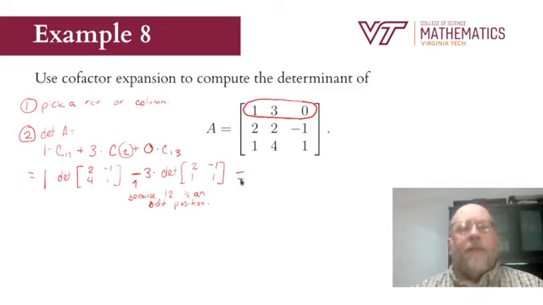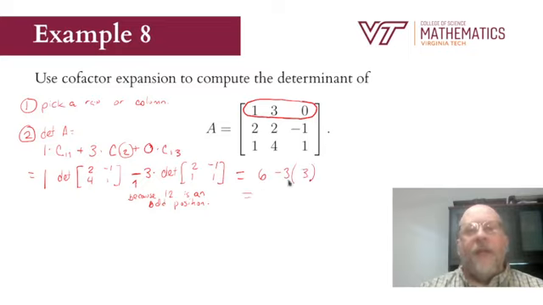All right, what does that add up to? That's going to be 2 minus a -4 is 6, minus 3 times 2 minus a -1 is 3, and 6 minus 9 is -3. And so that's the determinant that we get.